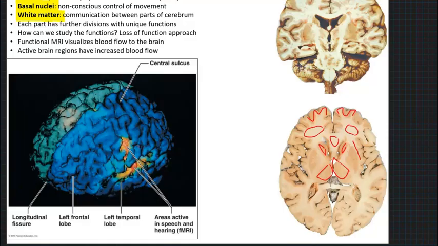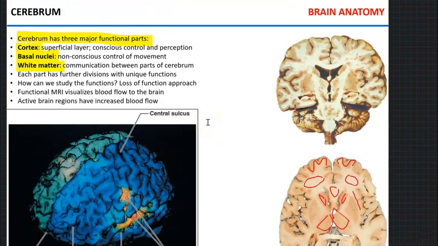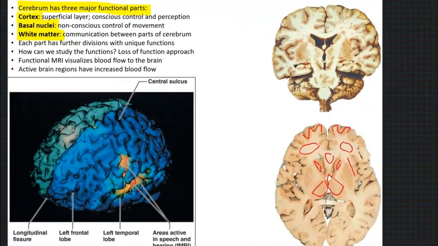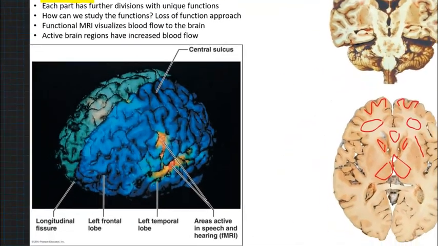There are ways to communicate, but these pathways are called tracts rather than nerves. Okay, they're functionally similar, but structurally different. T-R-A-C-T-S, tract, yes.